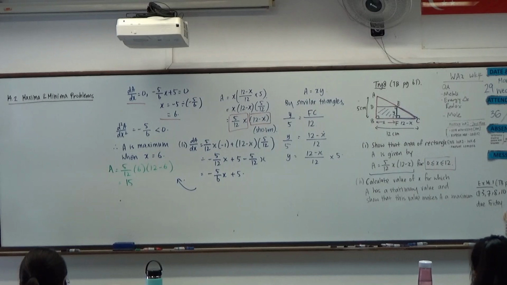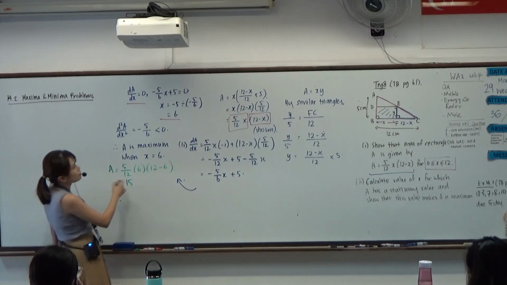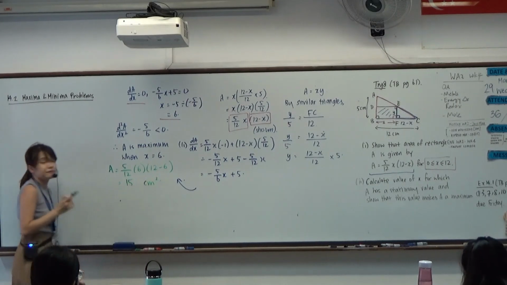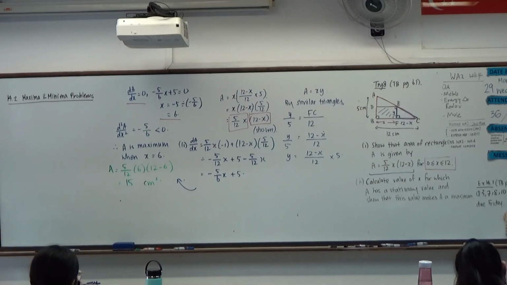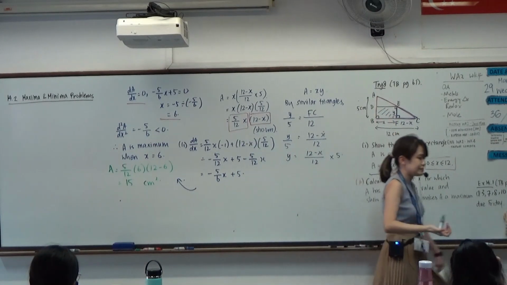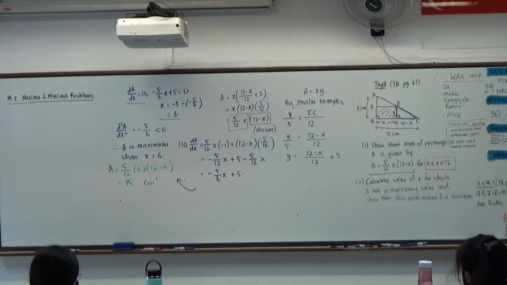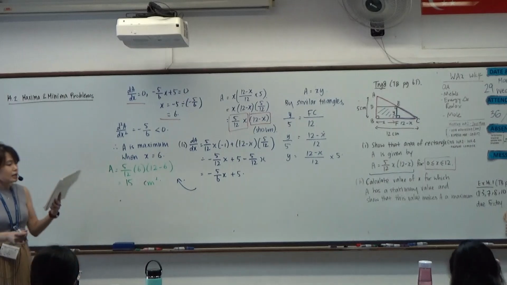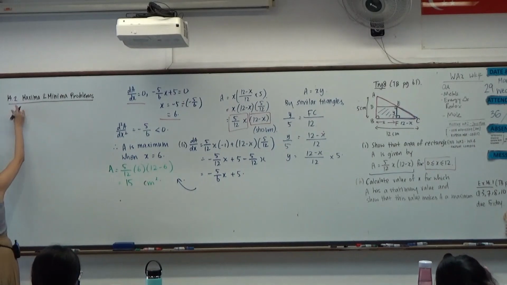Correct? 36 divided by 12 is 3. Yes, so the maximum area will be 15 cm squared, if that is what the question wants you to find. So by doing this process, it helps you find out what length will give rise to the maximum area. Alright? Questions? Okay, let's take a look at try 9.